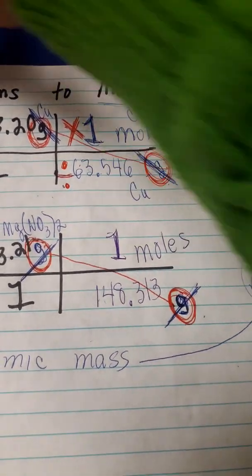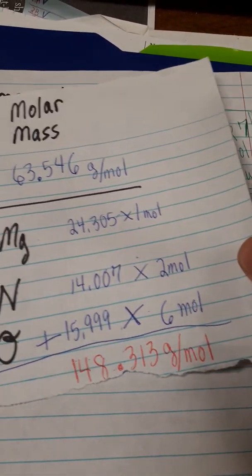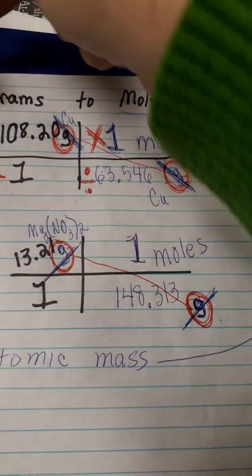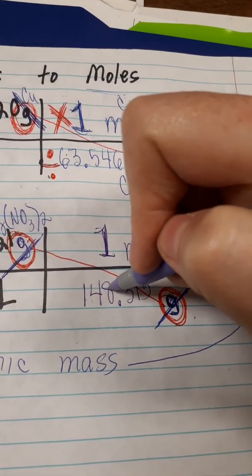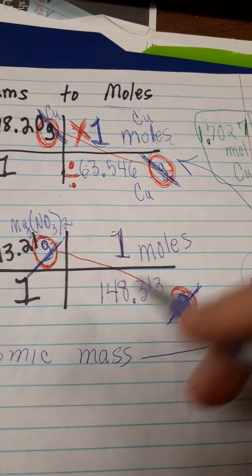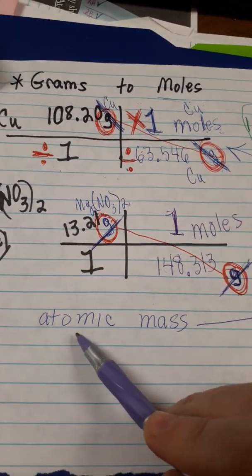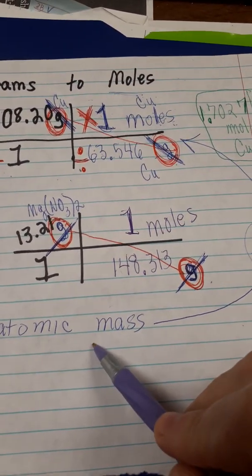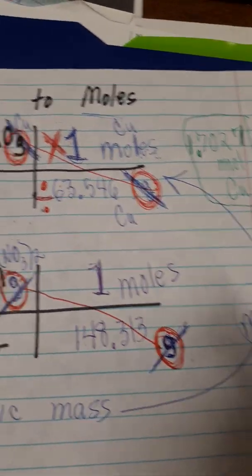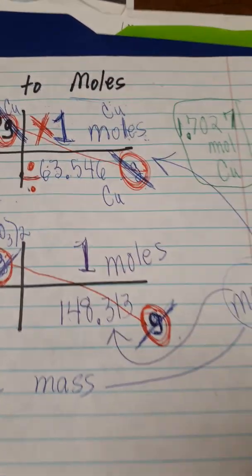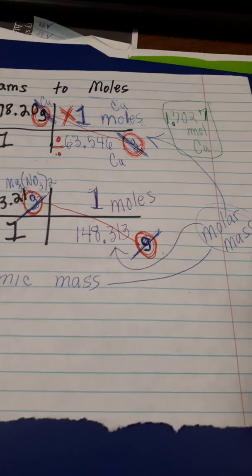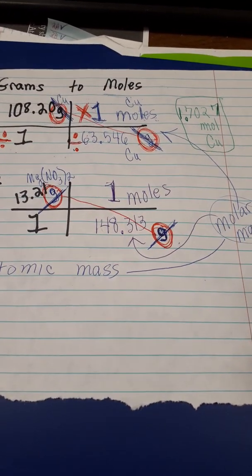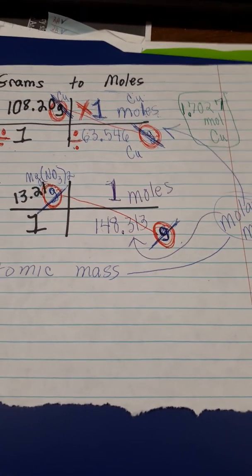We calculated the molar mass of magnesium nitrate. Again, we may have to look at a formula to see how to treat the atomic masses, but the atomic mass tells us the molar mass. Now we can calculate.